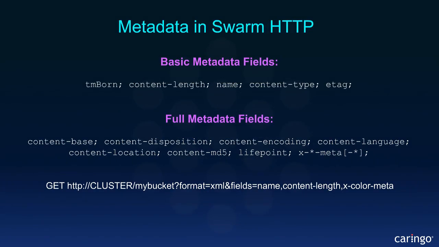So really more specifically in Swarm, we'll get into what it will look like. In an HTTP system, HTTP is on the front end. So very specifically, the data is the data of the request, and the metadata is in the text fields. Basic metadata are persisted with the objects.